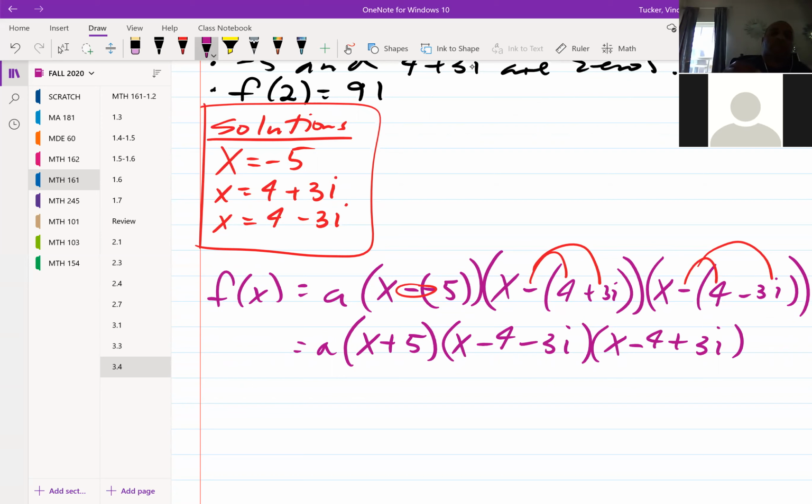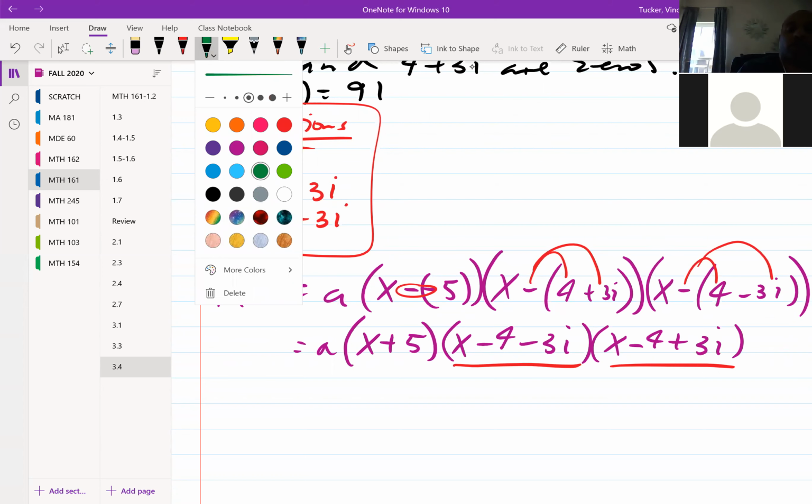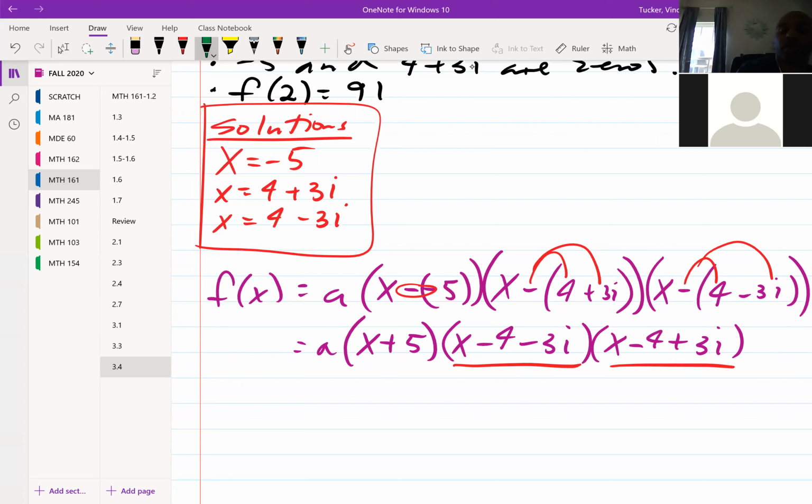All right, so like I said last time, go ahead and multiply the quantities that have the imaginary terms in them first. Things should cancel out for us. We're going to do our distribution. This time we have 3 by 3. So we're going to take the x, multiply it to each term. Then we'll take the -4, do the same, take the -3i, and do the same.